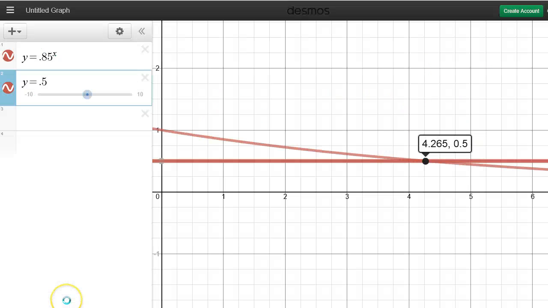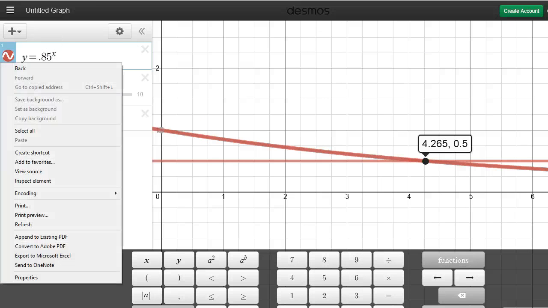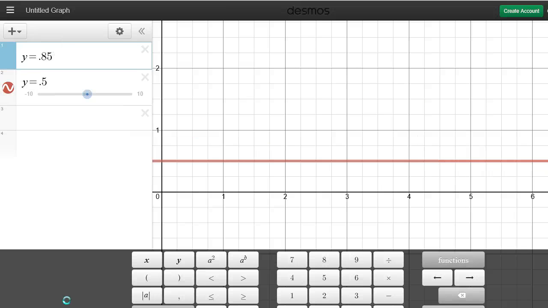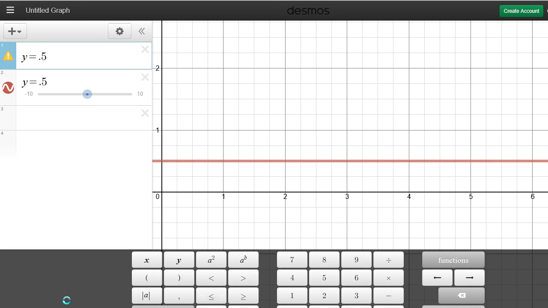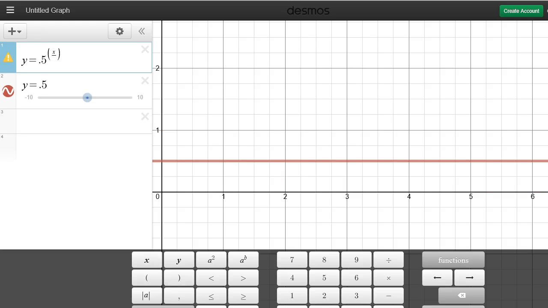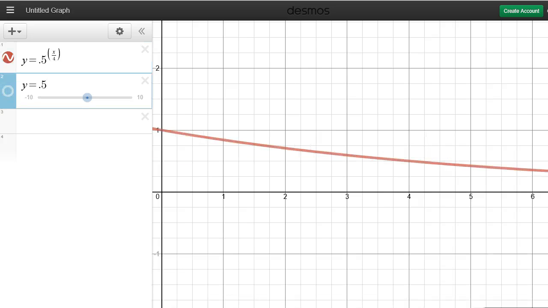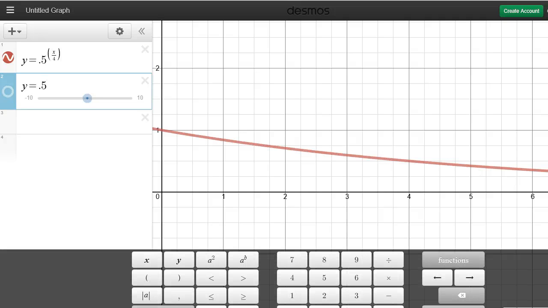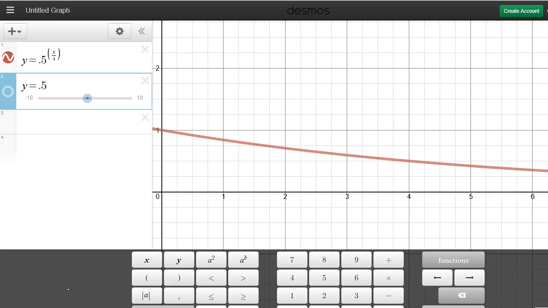So if I go over here, I'm going to say y is equal to 0.5 to the power of, left parentheses, x divided by 4. Okay, and we want to compare that with 25%, so we want to put as our line to intersect 0.25.